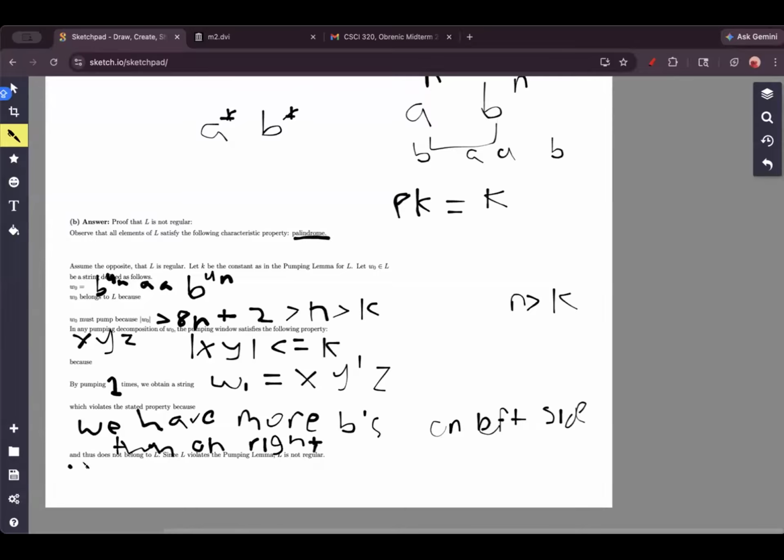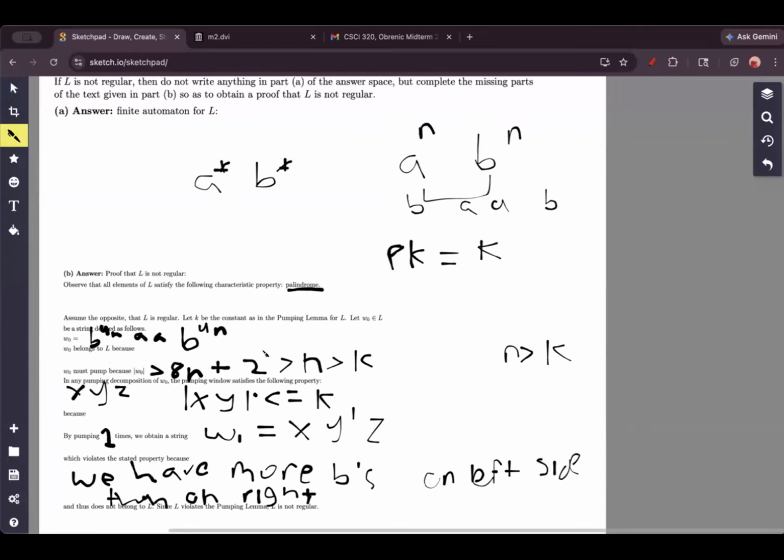And that's what it says. Thus it does not belong to L, since L violates the pumping lemma. Pumping lemma basically states that no matter how many times you pump up or down, you're still going to stay inside the language. And this does not; it's outside of the language, right? It's not a palindrome, even if it's divisible by 4.